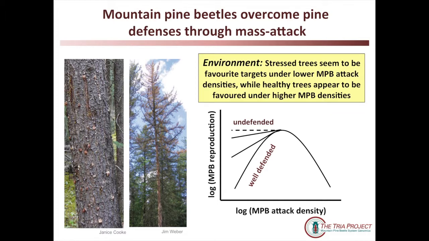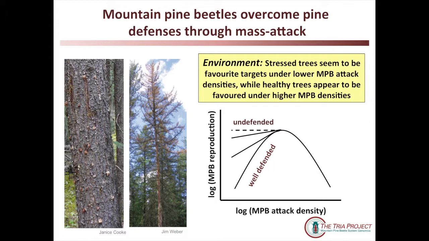And so this part of the curve, where attack densities are below a certain threshold, is affected by the host, that is the genetics of the host, as well as the environment that the host is in.